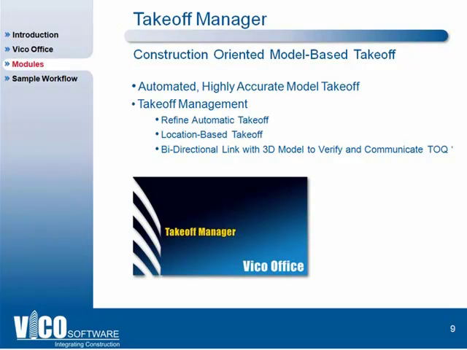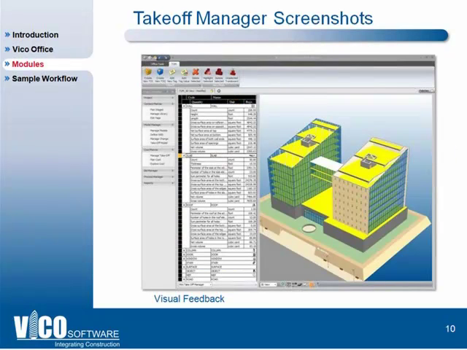So let's take a first look at some screenshots. What we see here is the mini takeoff manager view combined with the 3D view, which is the default view set for Takeoff Manager. As I said, selecting an item in the Takeoff Manager panel highlights all associated elements in the 3D view.